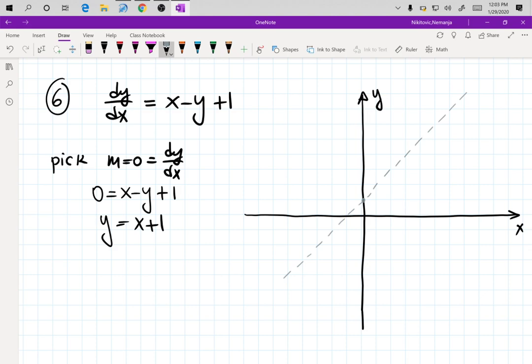Now, we actually don't care about that line. That line is our guide. What's happening at every point of this dashed line? The slope is 0.